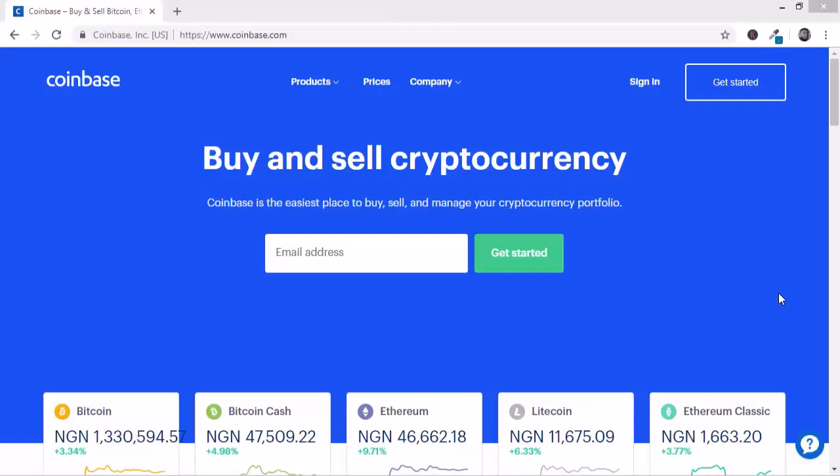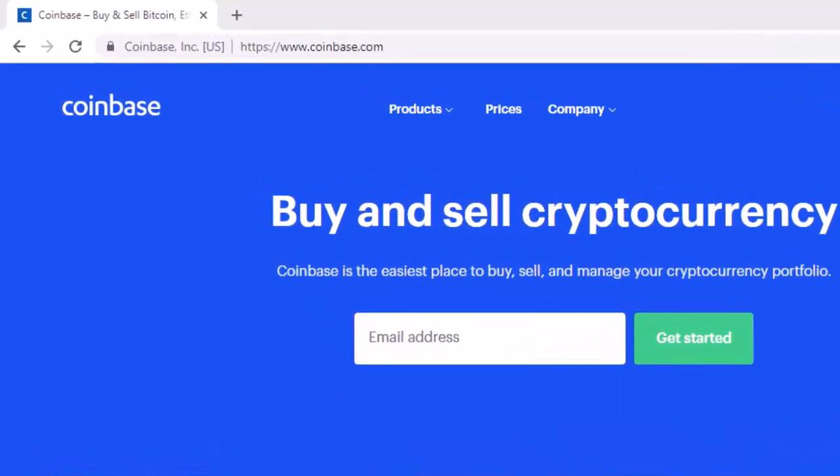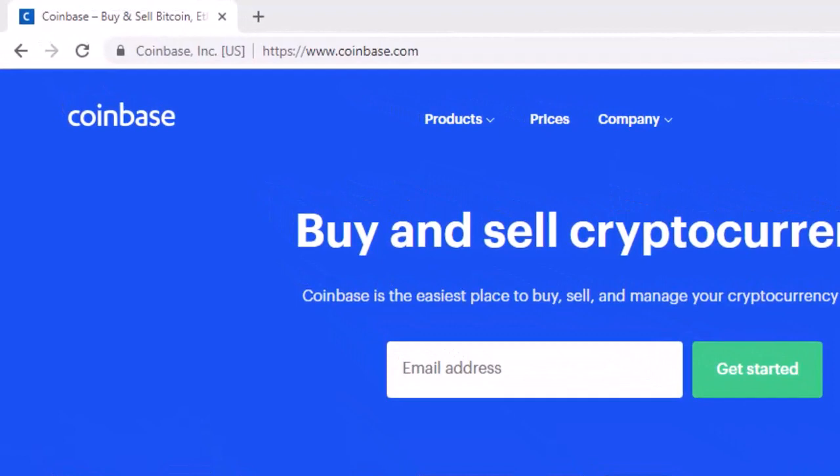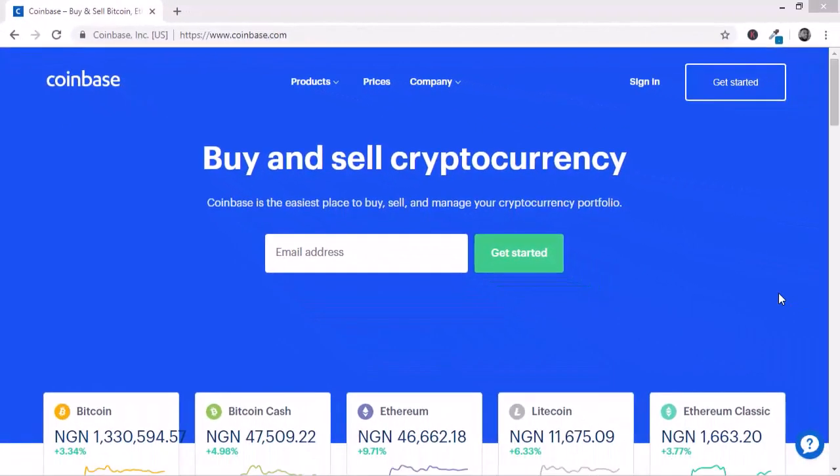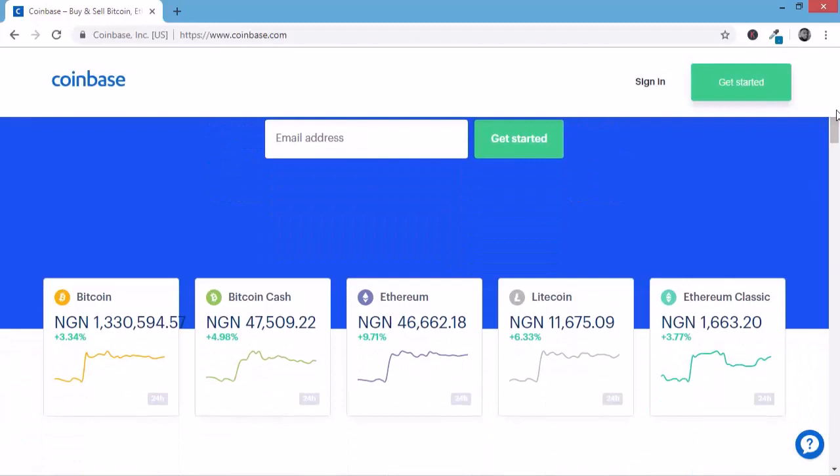The first one I want to point out is www.coinbase.com. The Coinbase platform allows you to trade cryptocurrencies such as Bitcoin, Bitcoin Cash, Ethereum, Litecoin, and Ethereum Classic.